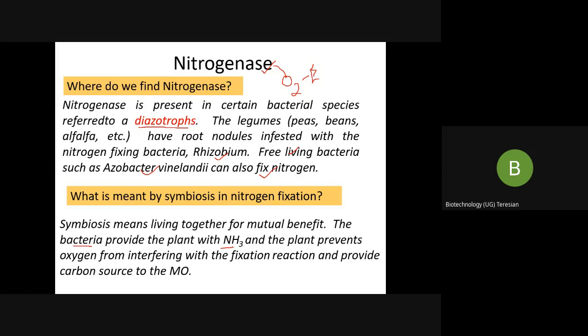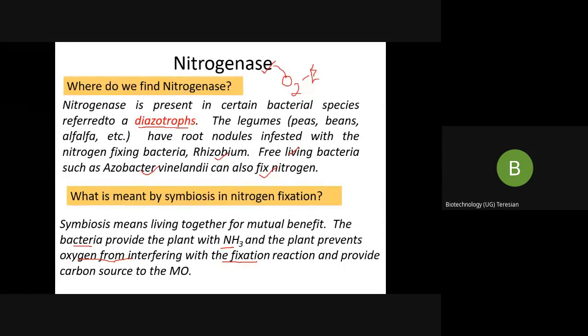All the three forms can be utilized by the plant. And the plant prevents oxygen from interfering with the fixation reaction. What fixation reaction? Fixation of nitrogen.